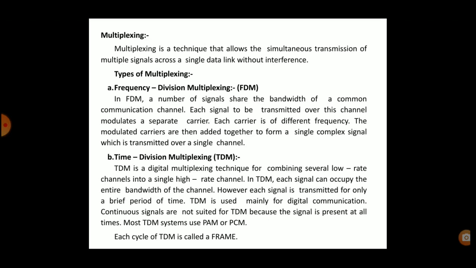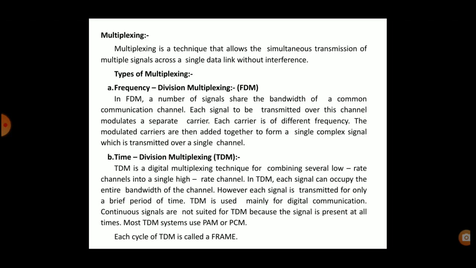TDM, time division multiplexing. TDM is a digital multiplexing technique for combining several low rate channels into a single high rate channel. In TDM, each signal can occupy the entire bandwidth of the channel.